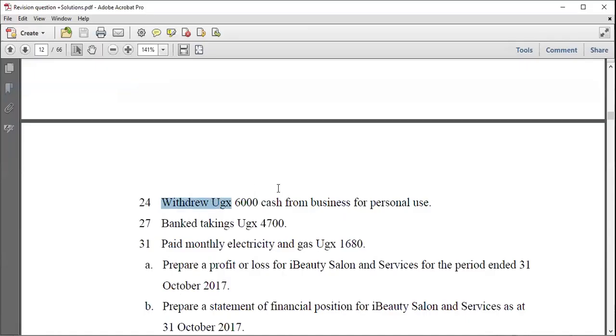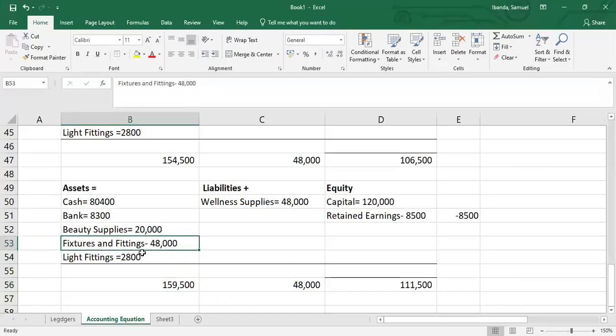One is saying withdraw cash. Oh, I've not affected the accounting equation when it comes to the wages that I've just recorded. Could you just allow me to affect it here? Since these wages were paid by cash, I'll come here and affect this.